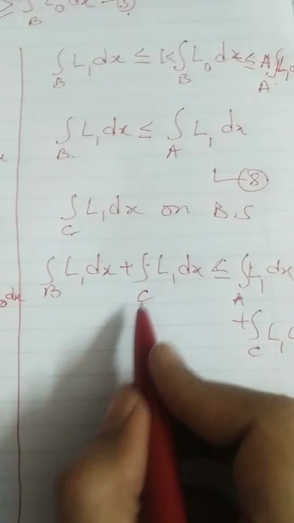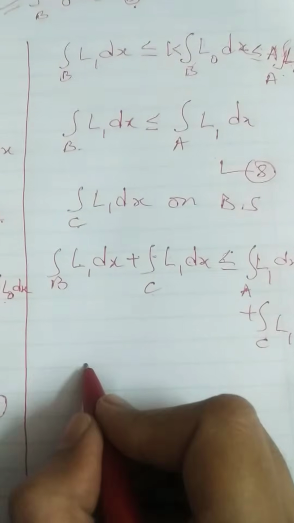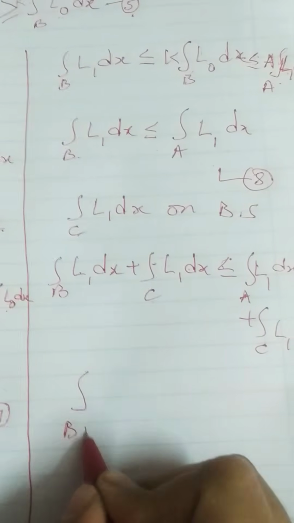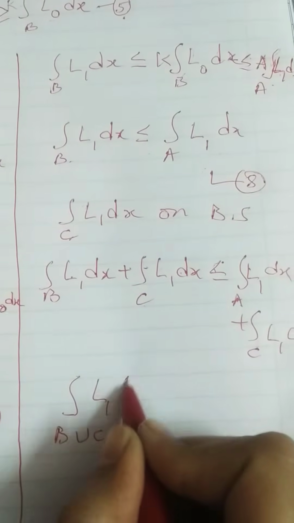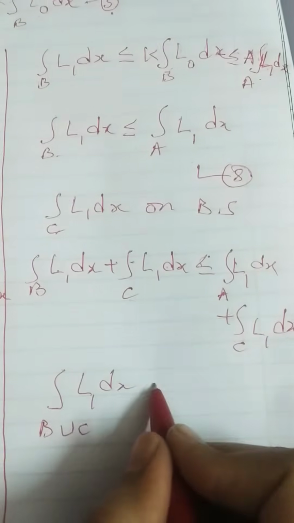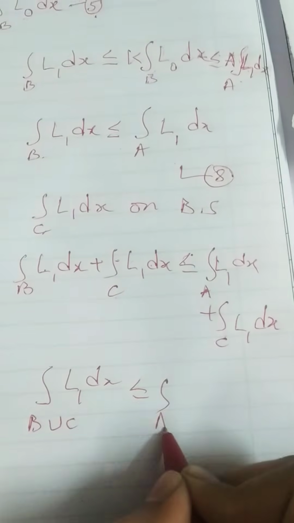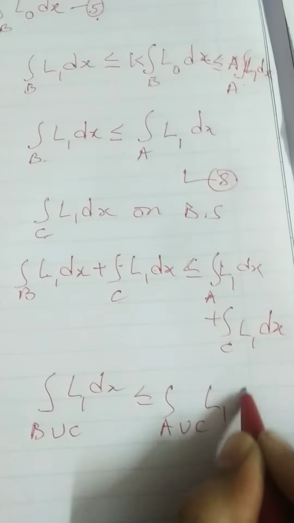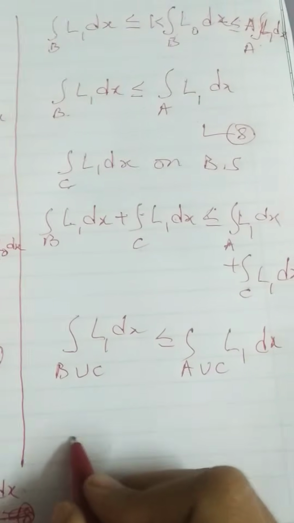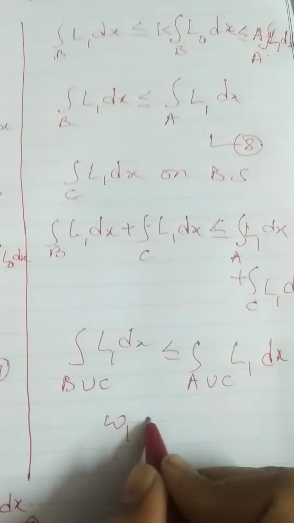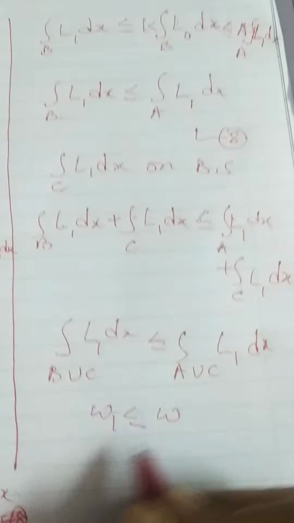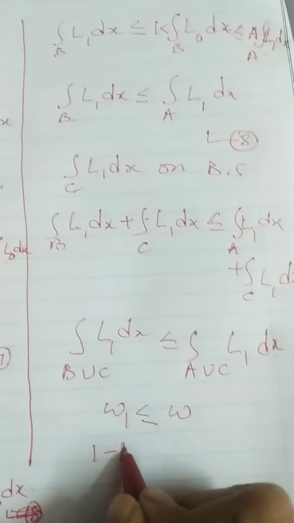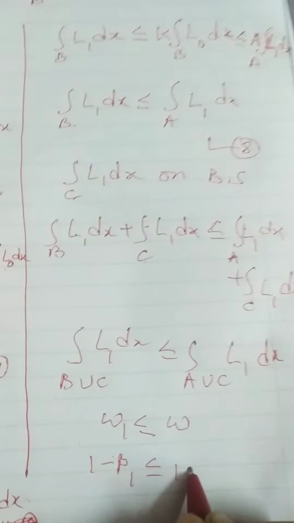So B and this two are same, no, you can write it as integral B union C L1 dx, this less than or equal to integral A union C L1 dx. Then students, you can write omega 1 less than or equal to omega also. It is 1 minus beta 1 less than or equal to 1 minus beta.